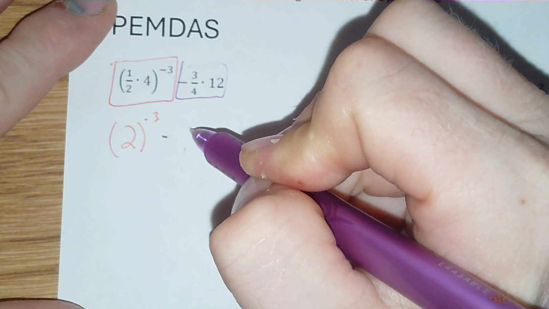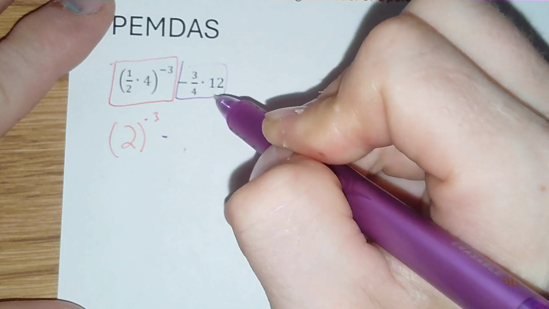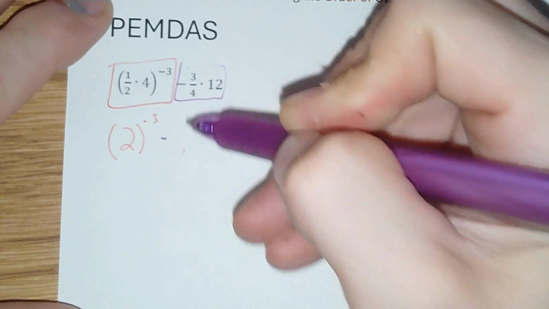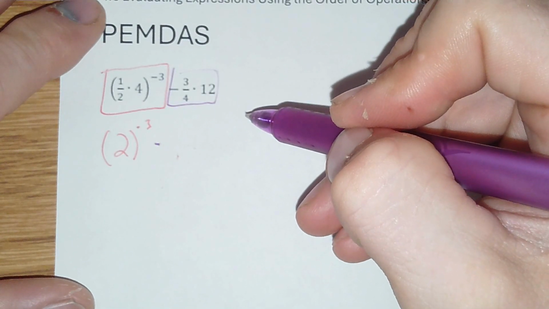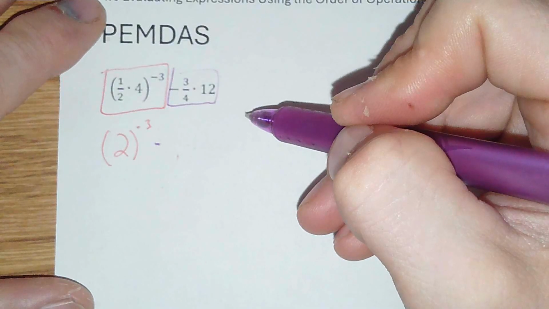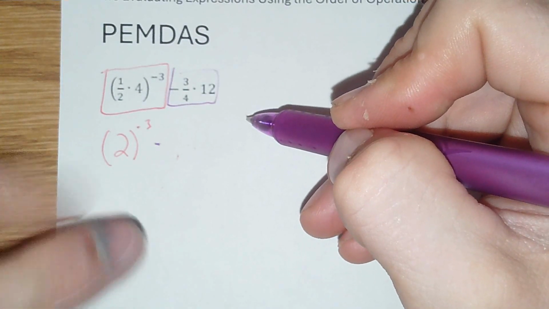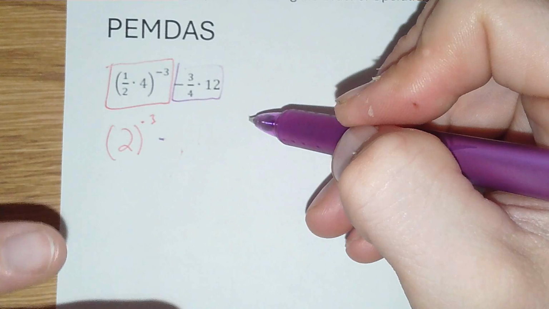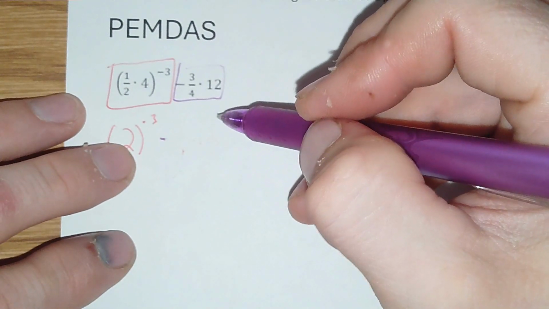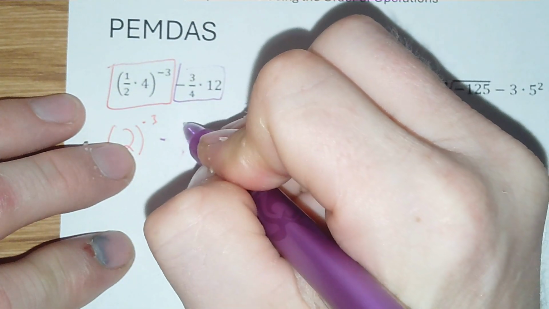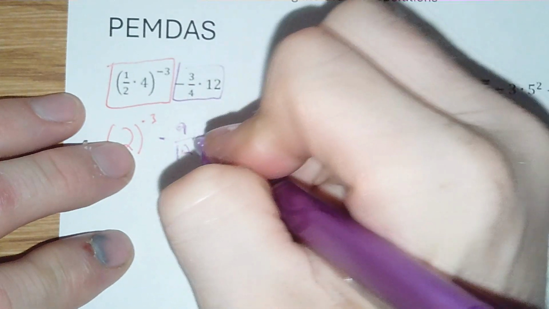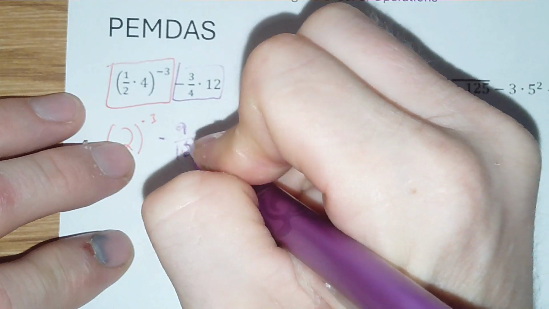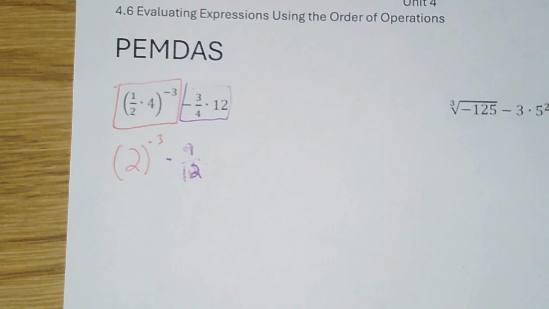-3/4 of 12 is, well, if we broke 12 into fourths, each fourth would be how much? Think about that. 3. We get 3, 6, 9, and then 12. So 3 of those is 9. So 9 is 3/4 of 12.